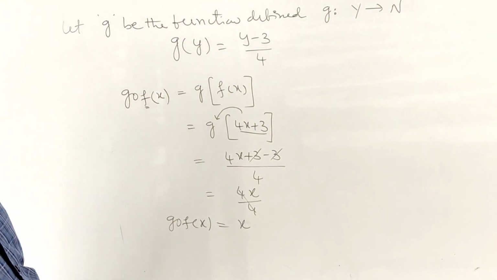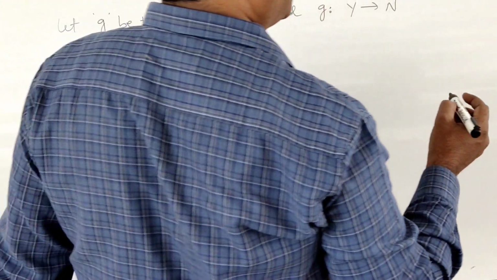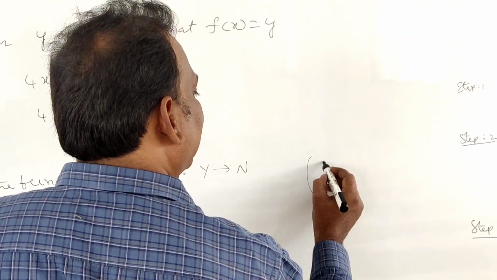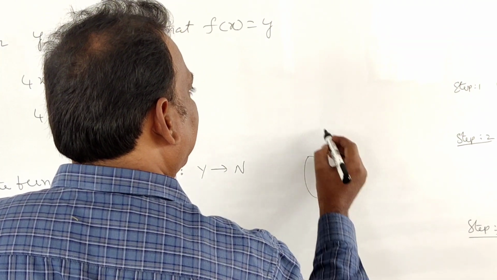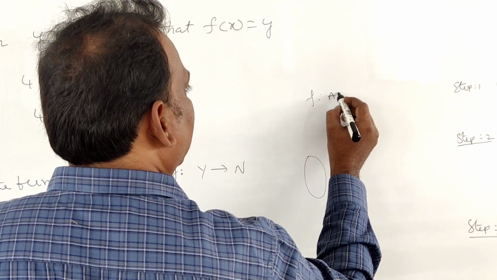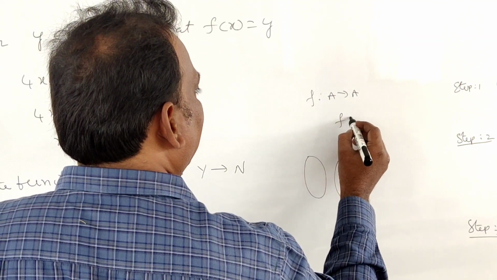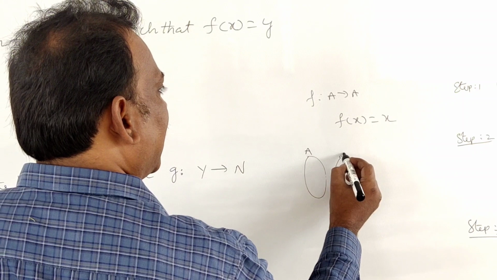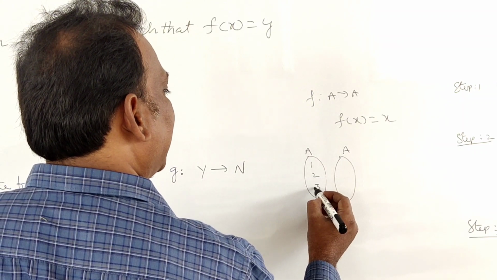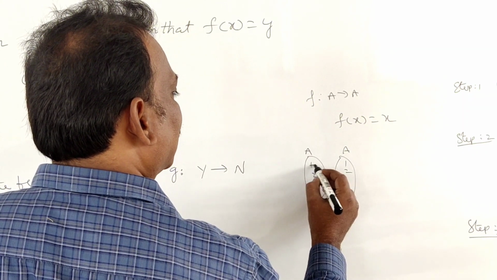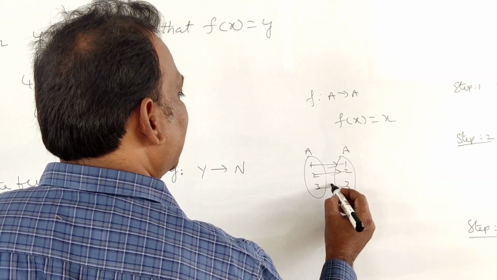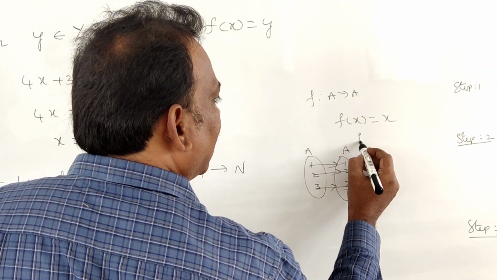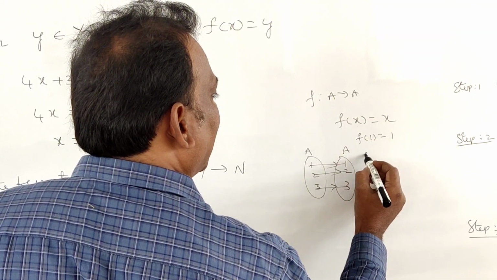Here, very important. You remember the identity function. What is the identity function? F is mapping from A to A, defined by f of x is equal to x. Suppose you take the same elements in set A and set B also. If 1 is related to 1, 2 to 2, 3 to 3, if you give input 1, the output must also be 1.